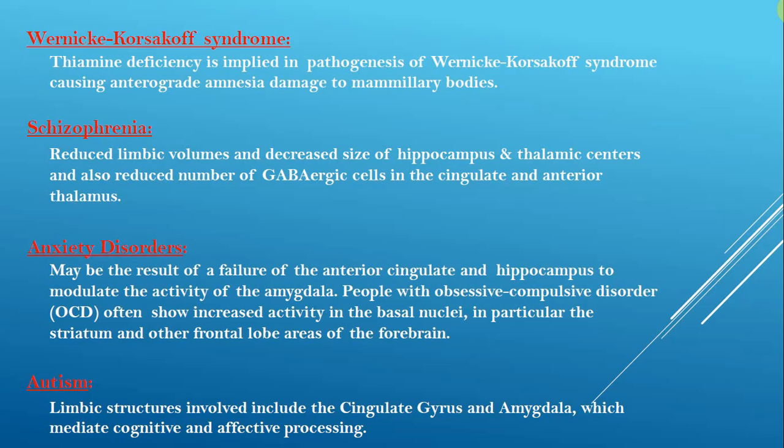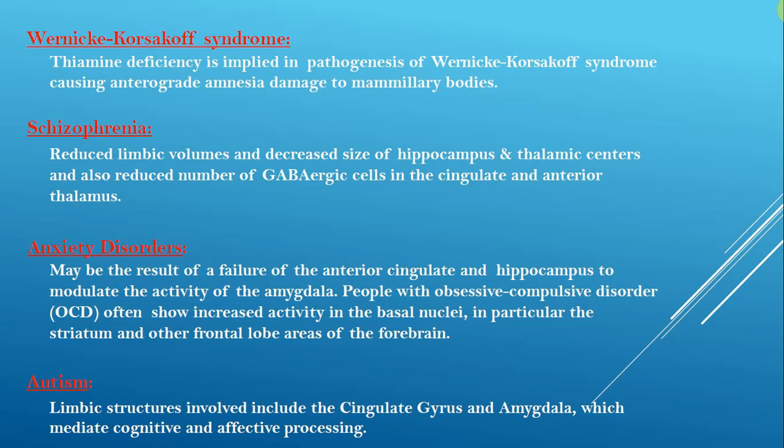is due to the reduced limbic volume and decreased size of the hippocampus and thalamic centers, and also the reduced number of GABAergic cells in the cingulate and anterior thalamus. Anxiety disorder may be the result of failure in the anterior cingulate and hippocampus to modulate the activity of the amygdala.